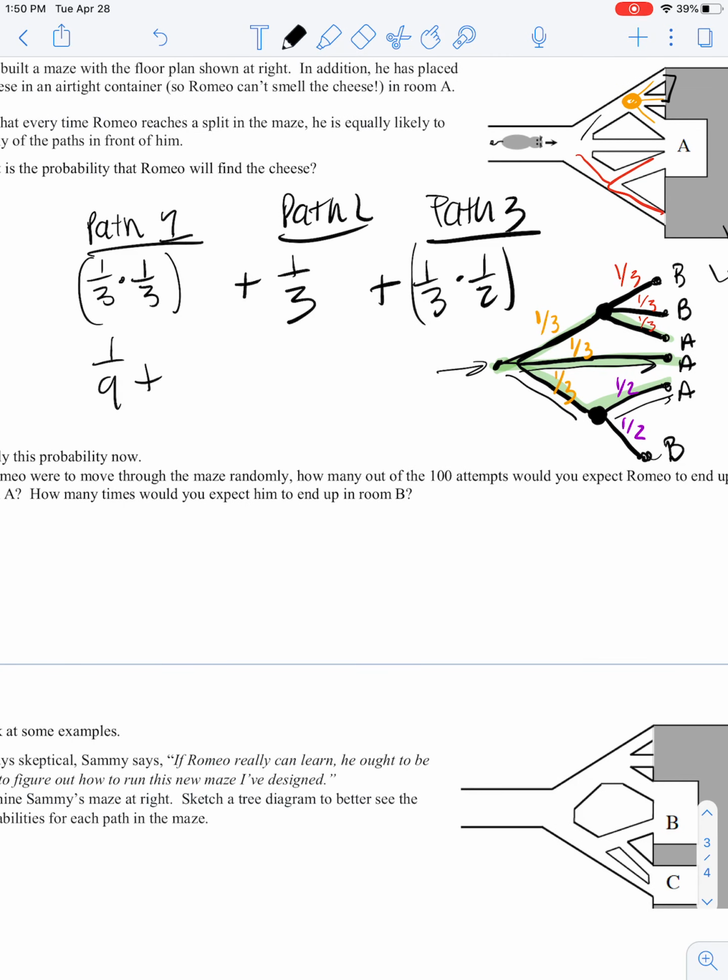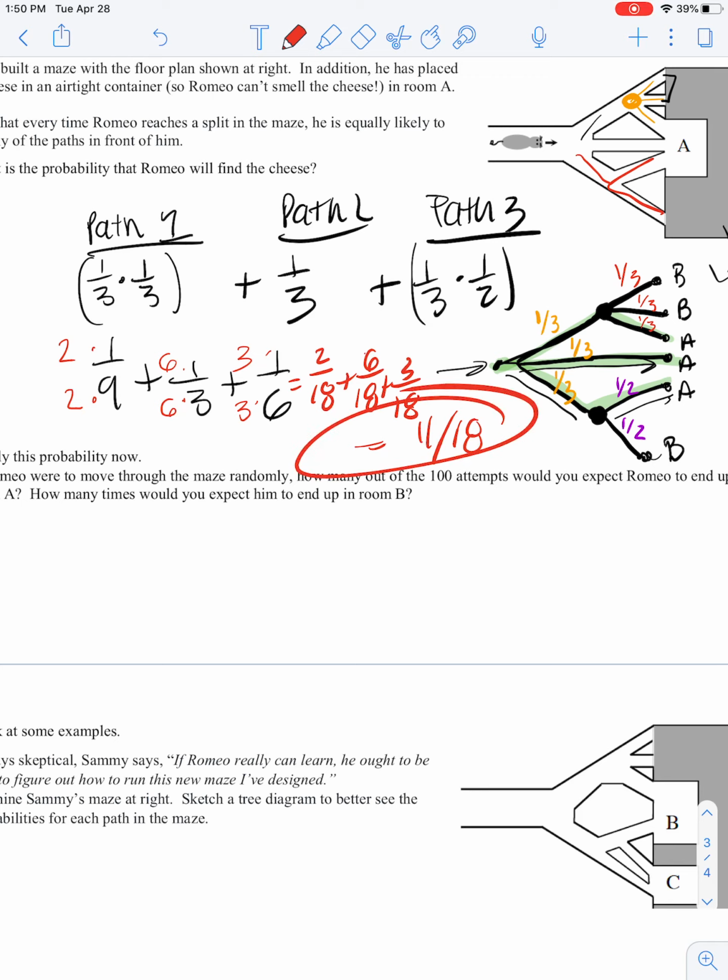So that's 1/9 plus 1/3 plus 1/6. We've got to get a common denominator here, which is going to be 18. So I'm going to multiply that by 2, multiply this by 6, multiply this by 3. So we get 2 over 18 plus 6 over 18 plus 3 over 18, which is 11 over 18.